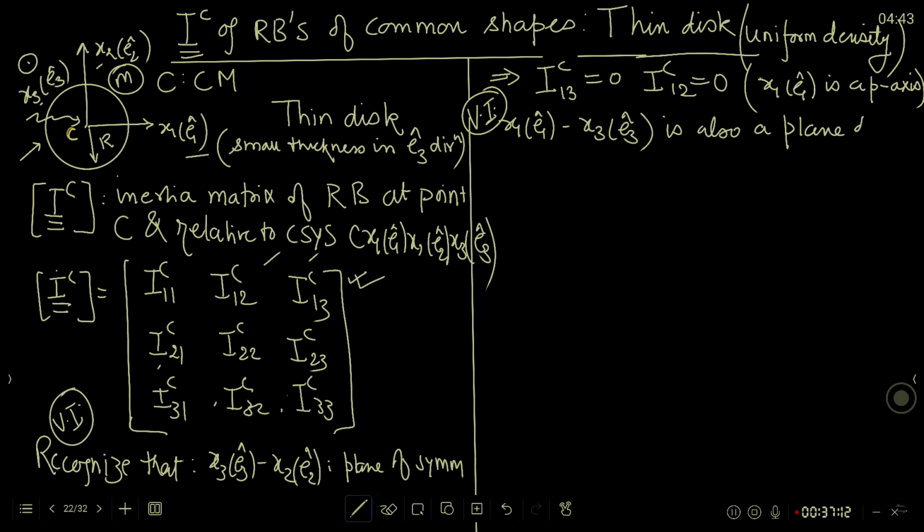Right? It implies that x2 e2 is a principal axis. Which also means that IC12 is 0 and IC23 is also 0.